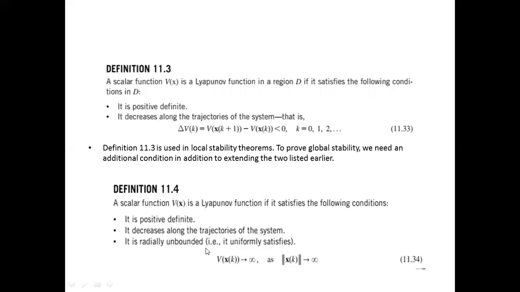Radially unbounded means the dynamics of the system includes more parameters or more system conditions in its response. So when it gets disturbed, okay.